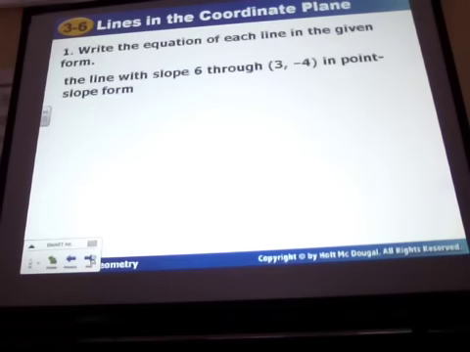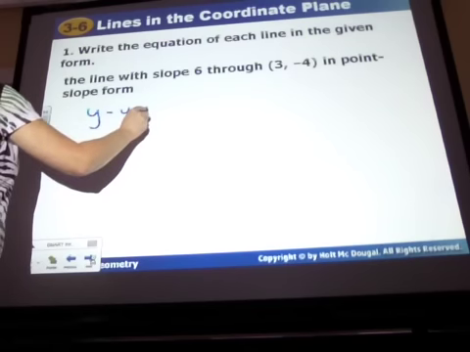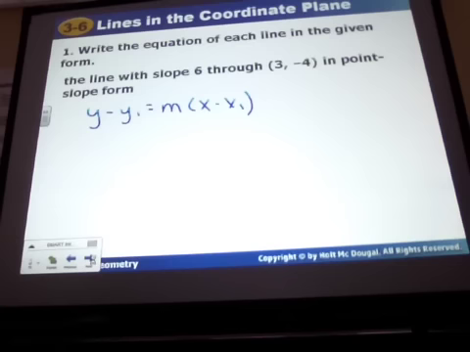Now we're going to write the equation of each line in the given form. The line with the slope 6 through point (3, -4), in point-slope form.